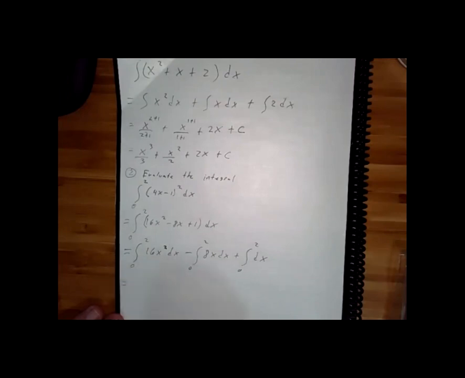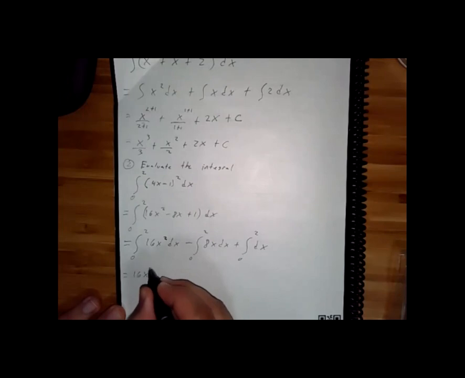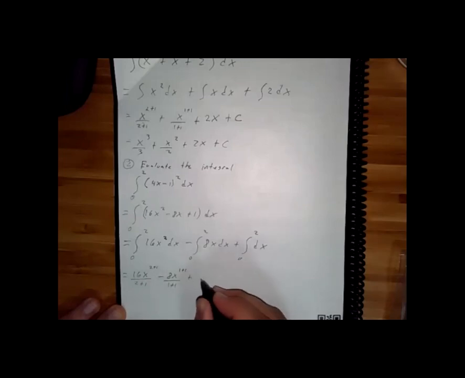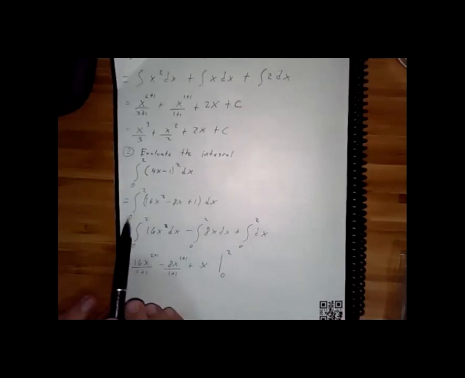So the integral will be 16x to the 2 plus 1 over 2 plus 1, minus 8x to the 1 plus 1 over 1 plus 1, plus x, everything from 0 to 2. So there's no C because we have bounds, right?